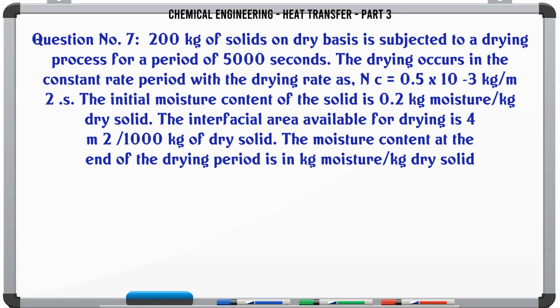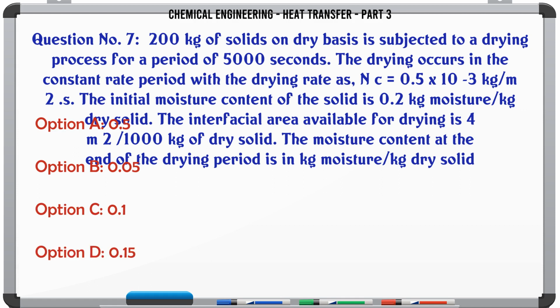200 kilograms of solids on dry basis is subjected to a drying process for a period of 5,000 seconds. The drying occurs in the constant rate period with the drying rate Nc = 0.5 × 10⁻³ kg/m²·s. The initial moisture content of the solid is 0.2 kg moisture per kg dry solid.